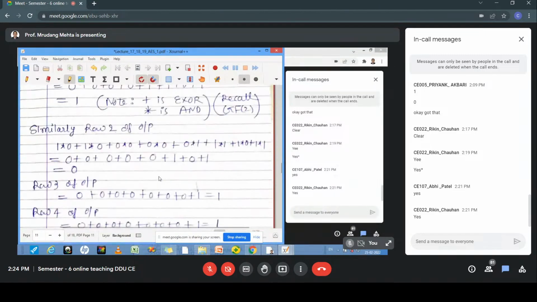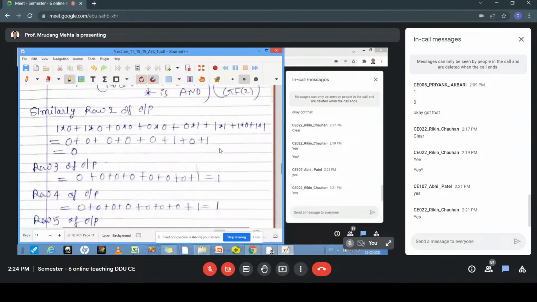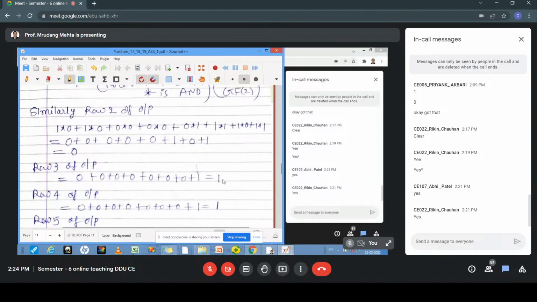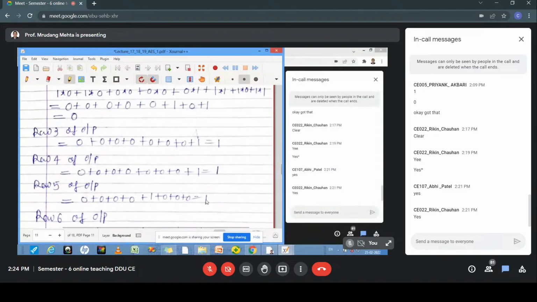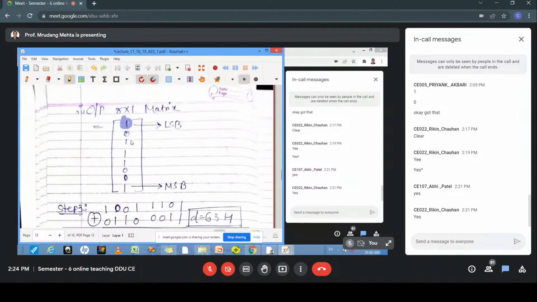First element is 1. So what we do? We write it like this here. That becomes our LSB. Similarly, in row second we get 0, row third we get 1, row 4 we get 1, row 5 we get 1, 0, 0, 0, and that we write here as the output matrix of 8 cross 1.